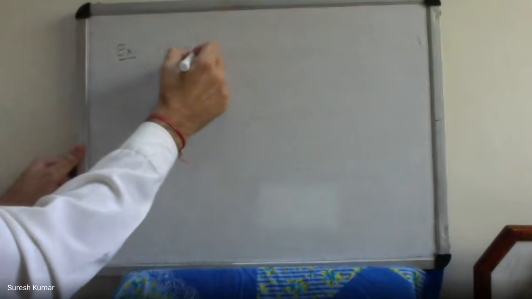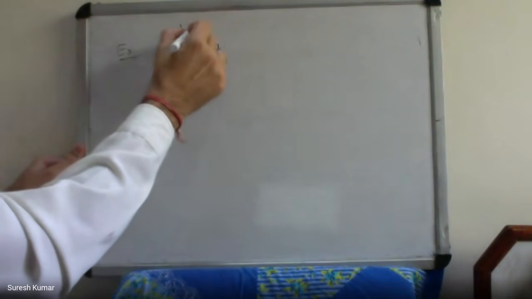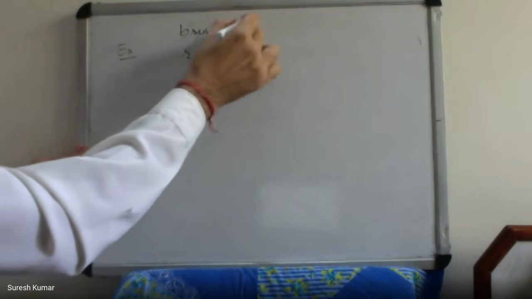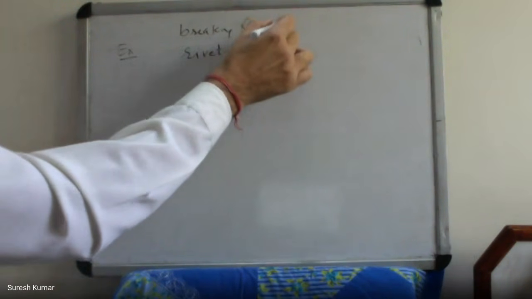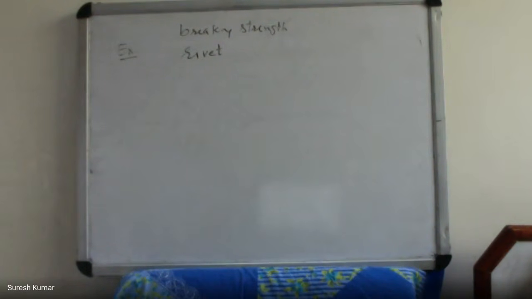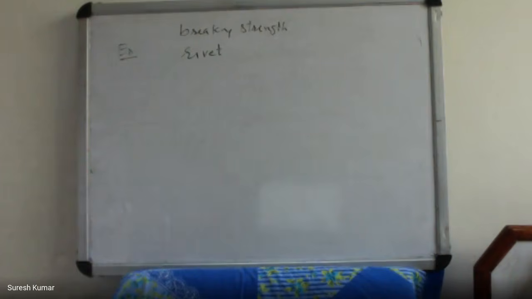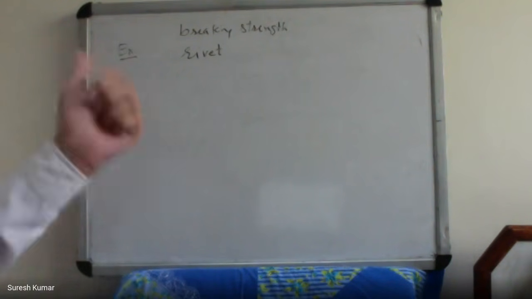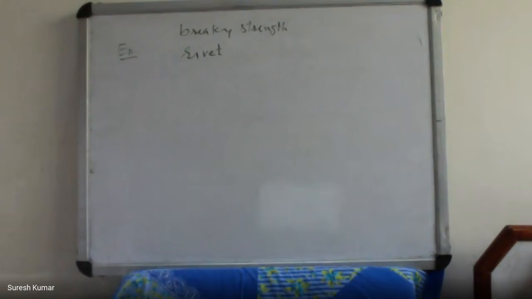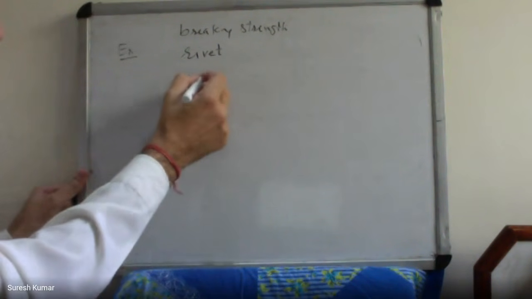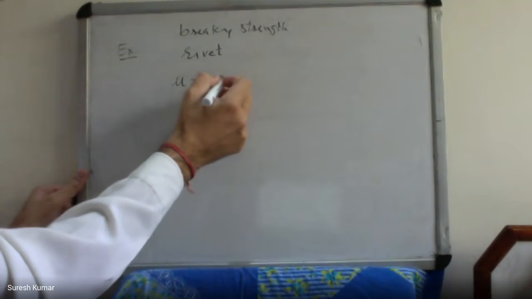The breaking strength of a rivet. Rivet, you understand? A nail that is used to hold two metal sheets together, to join two metal sheets.